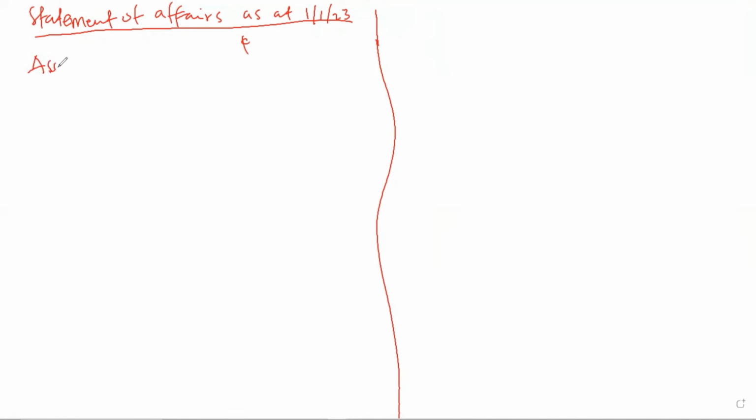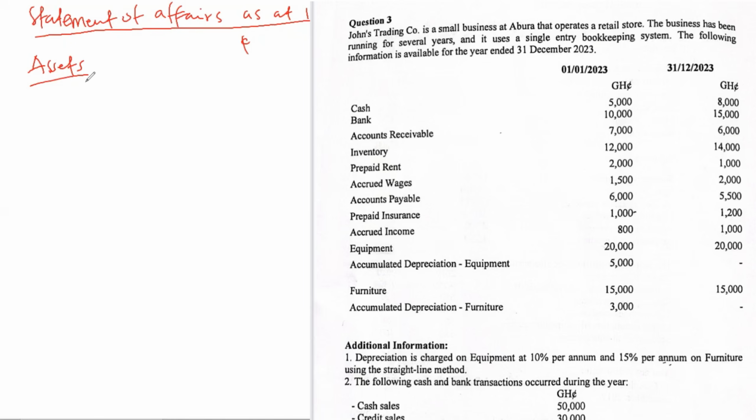These are the assets and liabilities that have been given to you on the first January 2023 and the 31st December 2023. You are only going to use the column for the first January 2023. That is the assets and liabilities that we are going to use.